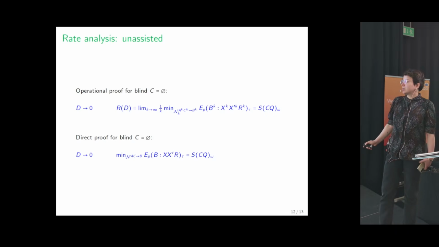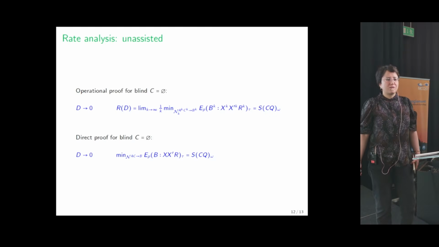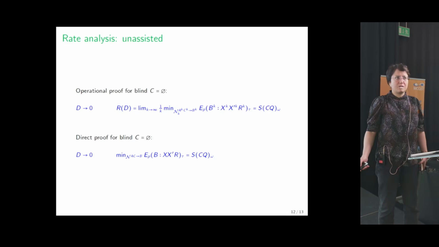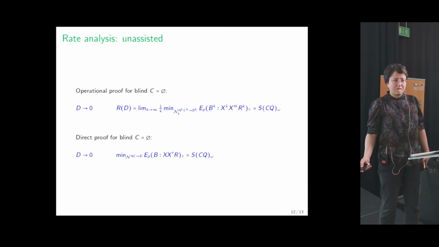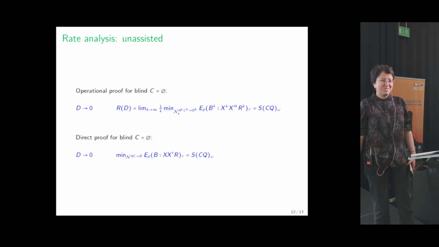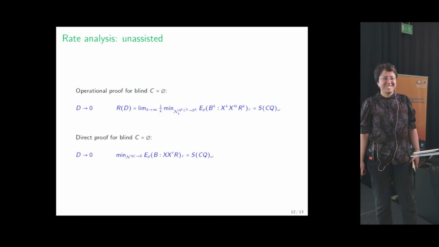Also, entanglement of purification operationally characterizes the rate of some tasks, quite similar to entanglement of formation, which appears in a similar task. So I'm just saying, but probably it's not additive. Sure.